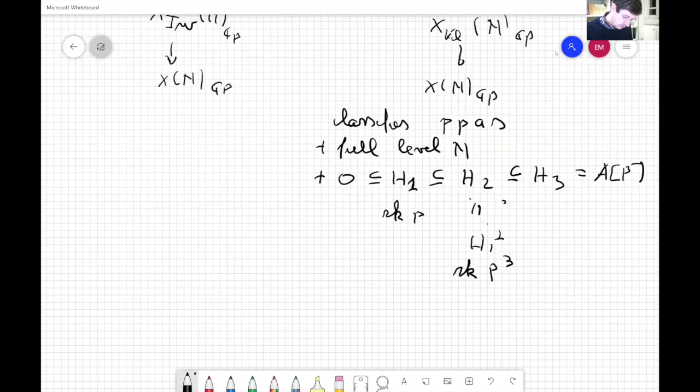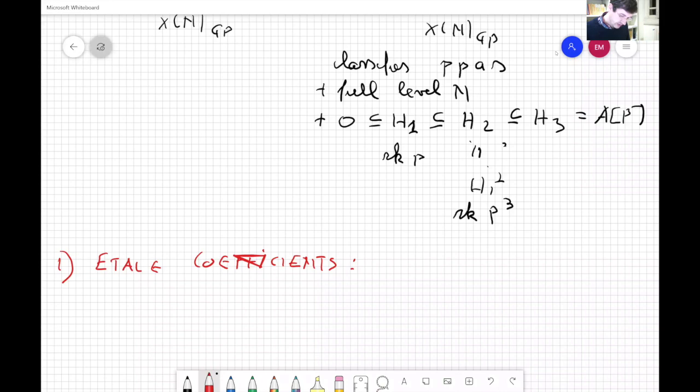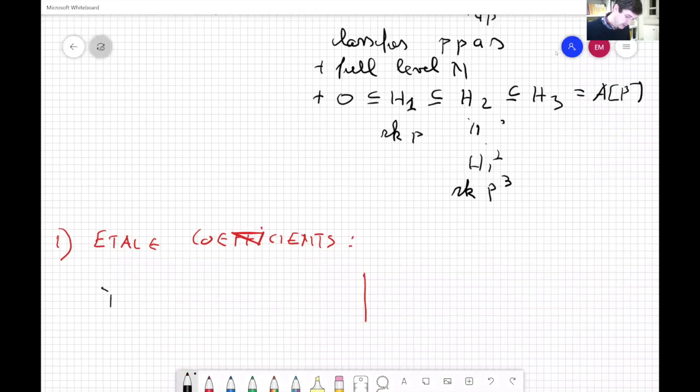Now coming to question 1, what are the étale coefficients? So yesterday it was simply an induction from the Borel to the Iwahori of some character chi, okay, where chi varied on a two-dimensional weight space, okay, where here you have an action of the Iwahori.